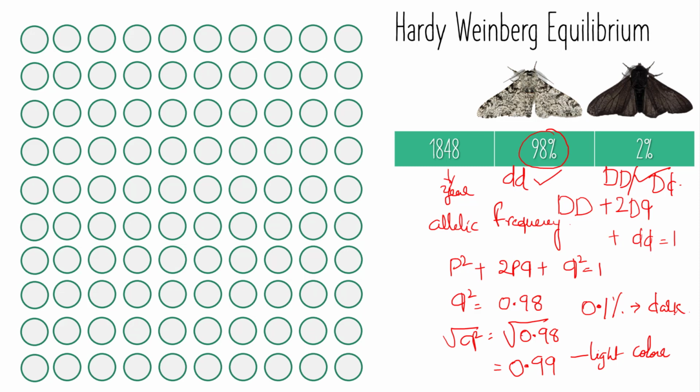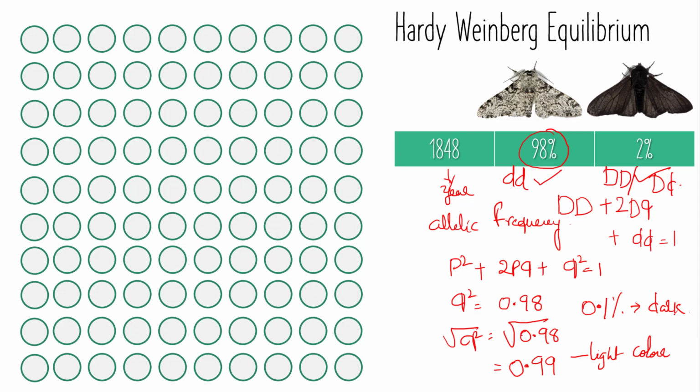So in this way, this is a simple Hardy-Weinberg problem to know the allelic frequency. Whether it is dominant, heterozygous, or homozygous recessive, whichever allelic frequency you want to know, you can calculate with the help of this equation proposed by Hardy-Weinberg.